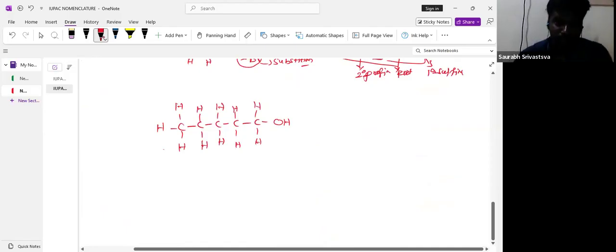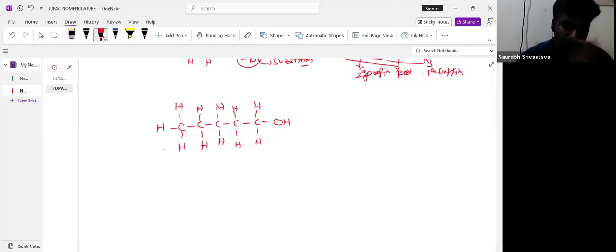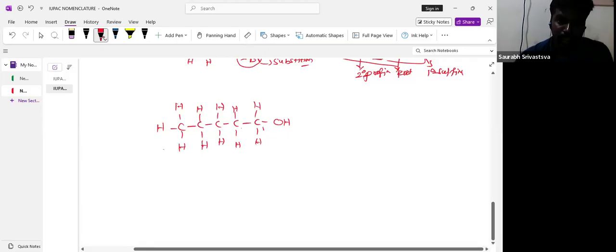First one is the root word. What is meant by root word? Number of carbons. This is the first carbon, second carbon, third carbon, fourth carbon, fifth carbon. So the number of carbons is 5. Five carbon means what is our root word? It is pent. Correct? Pent is the root word.